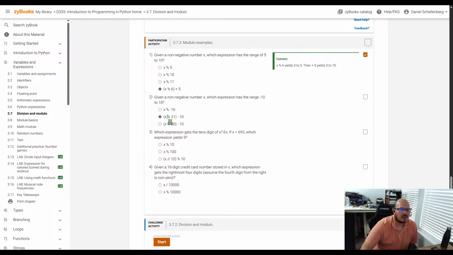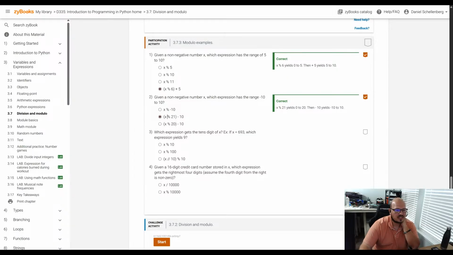Okay. x modulo 21 yields 0 to 20, then minus 10 yields -10 to 10. Man, why is this part confusing me? If you know the answer, let me know.